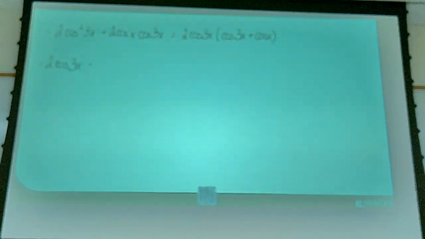Two cosine 3x times twice cosine of the sum over 2 times cosine of the difference over 2.